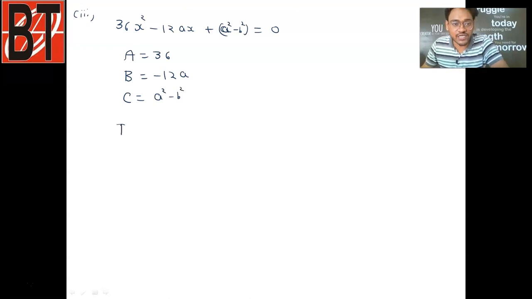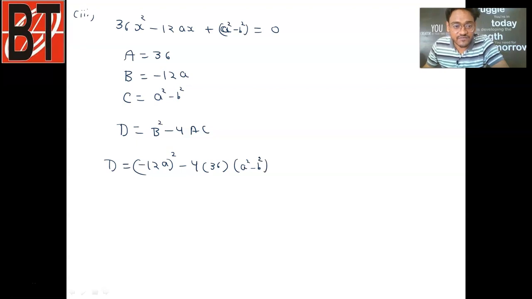Let's just calculate capital D, that is B square minus 4AC. So the capital D is going to be B square minus 4AC, the discriminant. Now let's just put the values, students. It's going to be minus 12a whole square minus 4. The value of A is 36 and the value of C is a square minus b square. Now students, we have to simplify this.